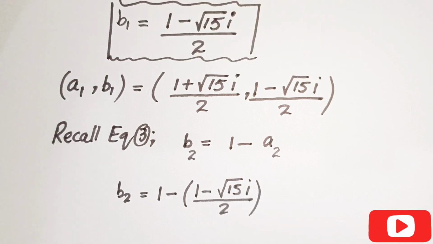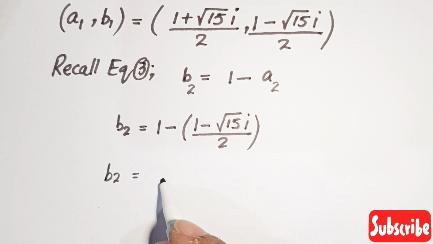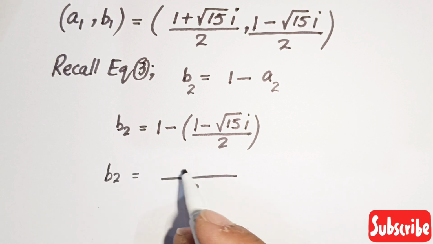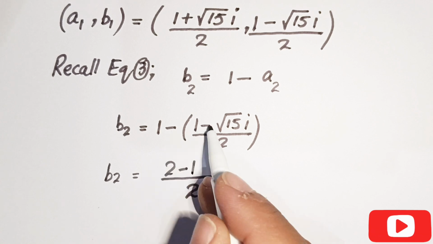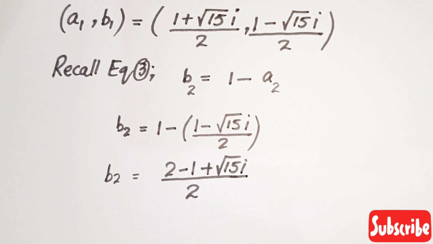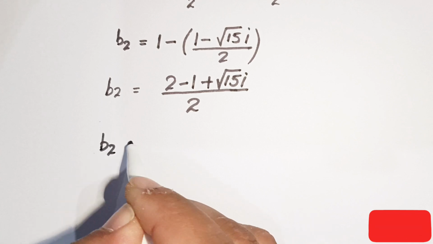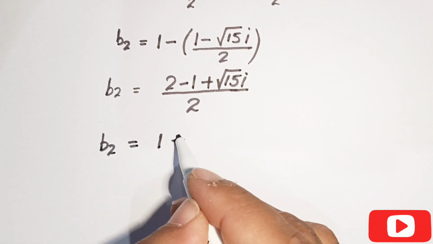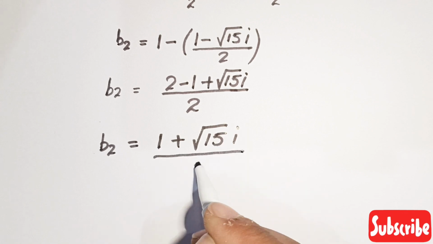Now here b2 is equal to, taking 2 as the least common multiple, 2 times 1 is 2, minus 1 times minus is plus, square root of 15 i all over 2. Now 2 minus 1 is 1, so b2 is 1 plus square root of 15 i all over 2.